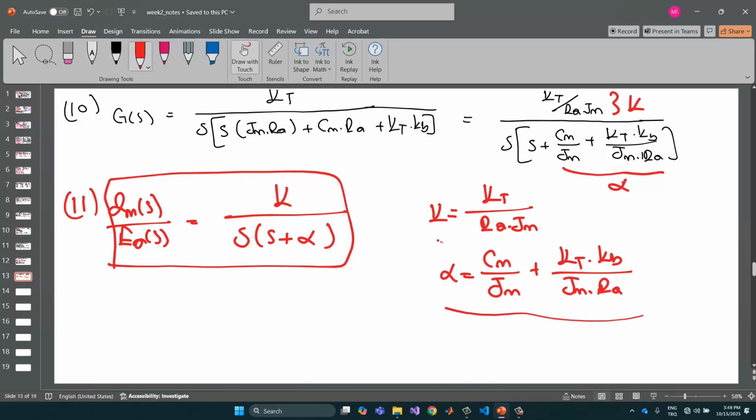Okay, so this is just a kind of first order system, but with an integrator. And so we can analyze this system in terms of the time response after taking the inverse Laplace transform.